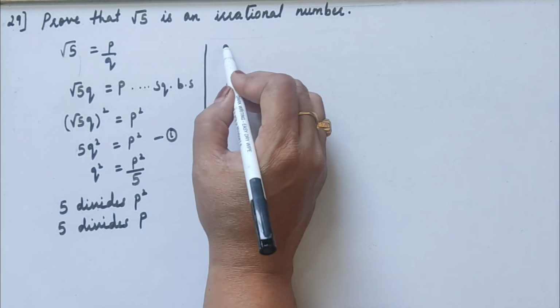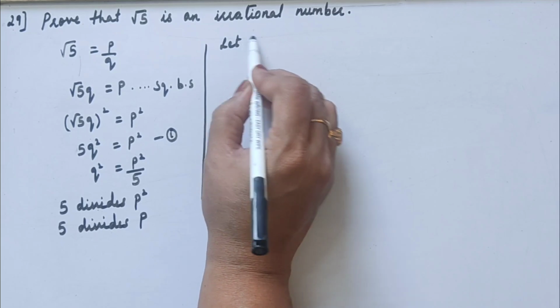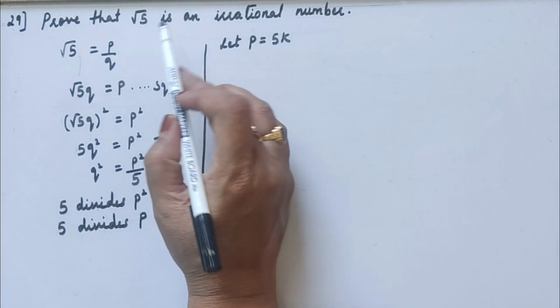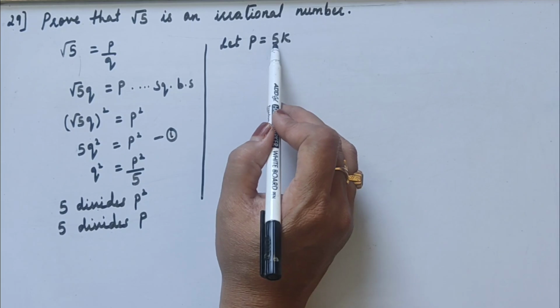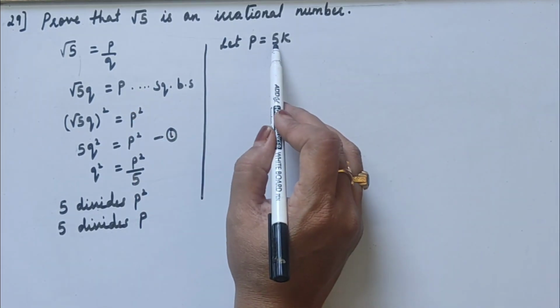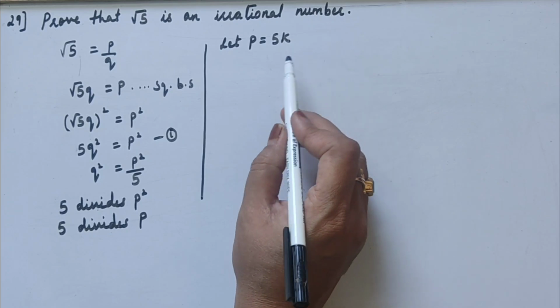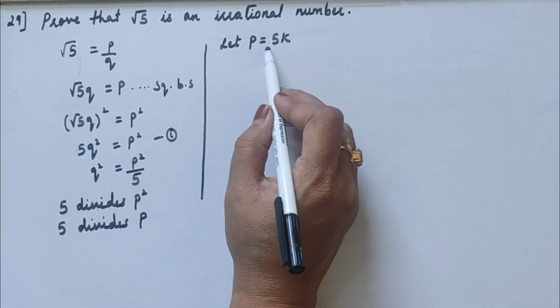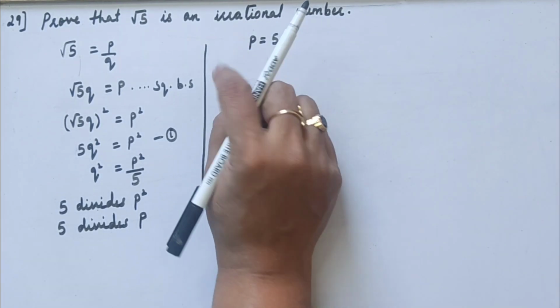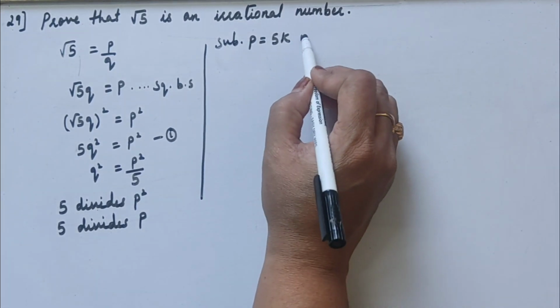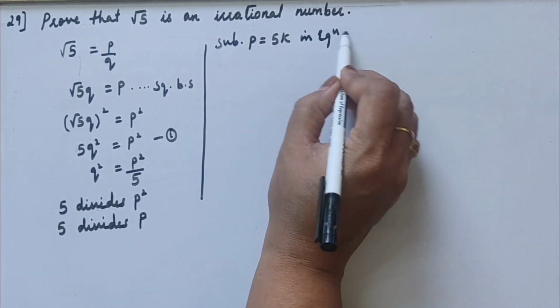Okay, students, so let us take P equals 5k. As we have got 5, we will take 5k. If we have 3, we'll take 3k. If we have 2, we'll take 2k. Now let us substitute P equals 5k in equation 1.